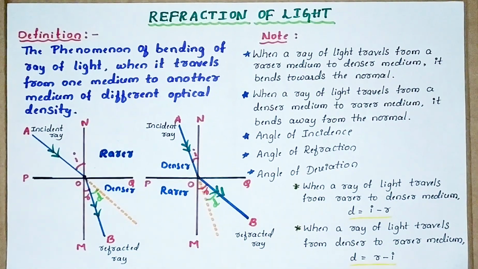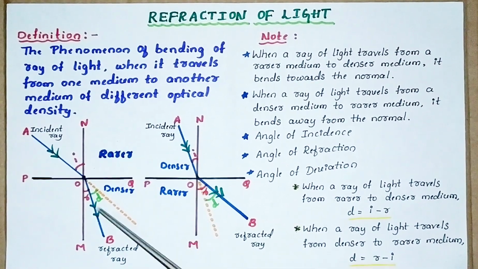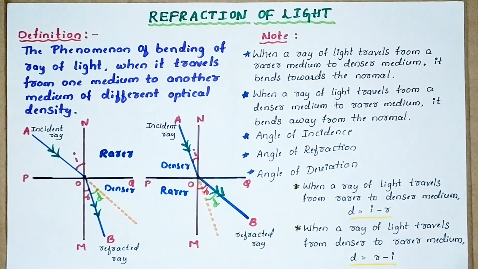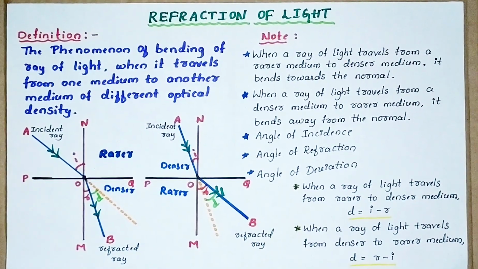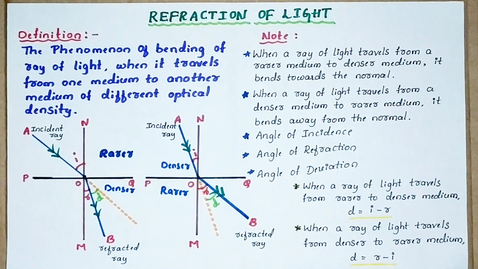Now the question is, why does the speed of light change? The speed of light changes because the ray of light is traveling from one medium to another medium of different optical density. Because of different optical density, bending of light takes place, and this phenomenon is refraction of light. Is it clear? This is a very important concept.